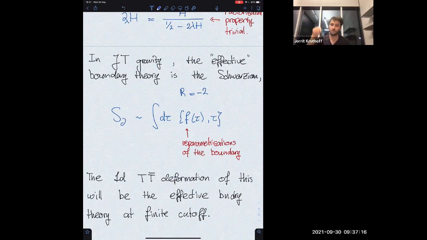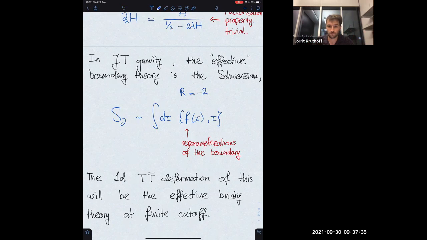Those different cutout shapes correspond to different reparameterizations of the boundary. These reparameterizations show up in the boundary action, so the action depends on those boundary reparameterizations.